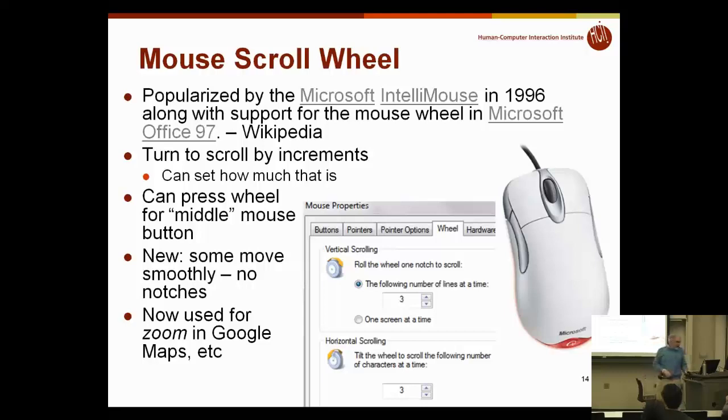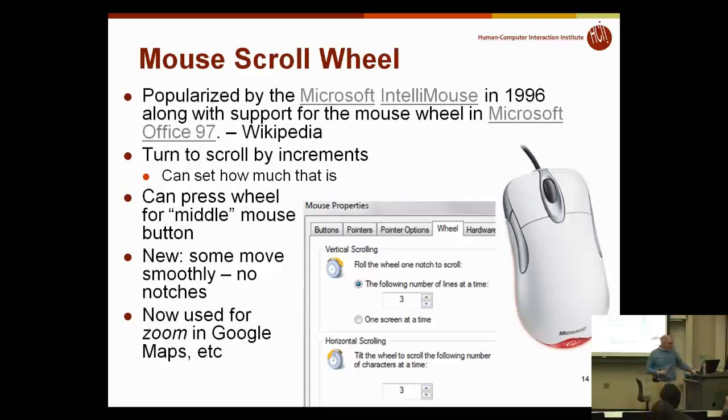Okay. Another thing is all of these wheels allow you to press straight down on them to cause a clicking kind of function. And it sounds kind of like the mouse buttons, so you can hear it clicking. And those are usually in the operating system set to be the middle mouse button, going back to 3-button mice, right?